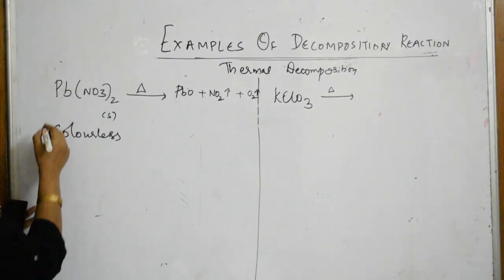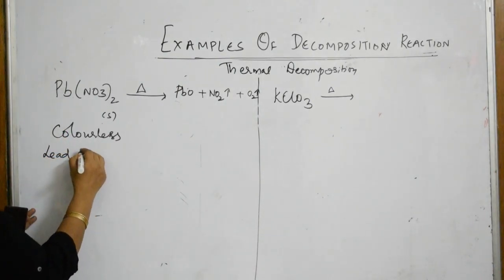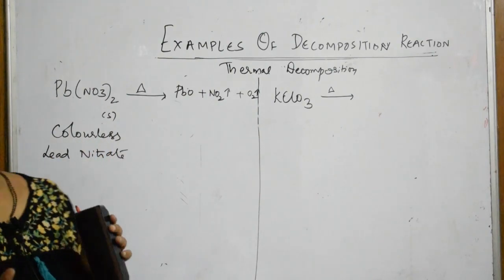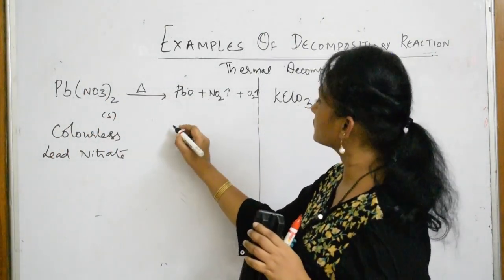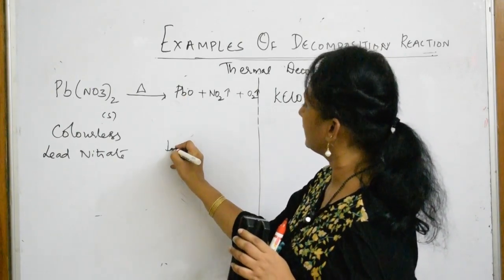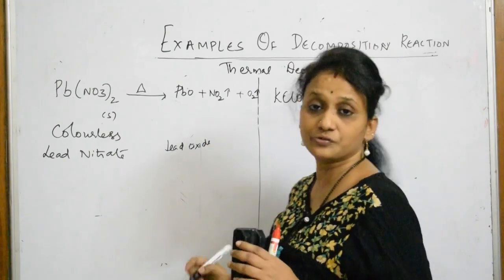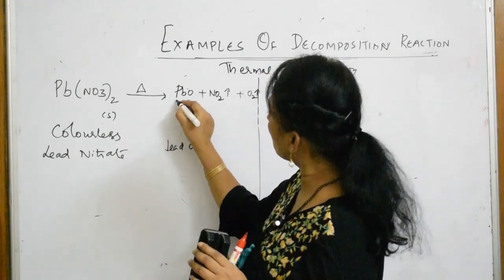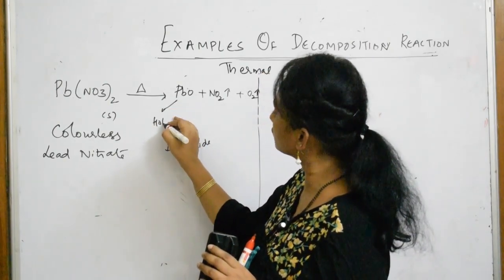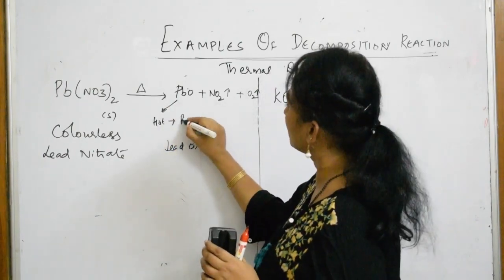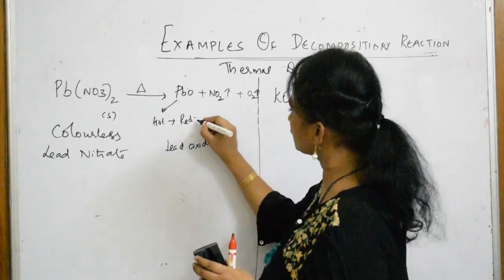Let us write the names. You need to write everything in the exam. The name should be written, the color also should be written, very important. Now this is called lead oxide. There are two different colors of lead oxide. When it is hot, the color is reddish brown.